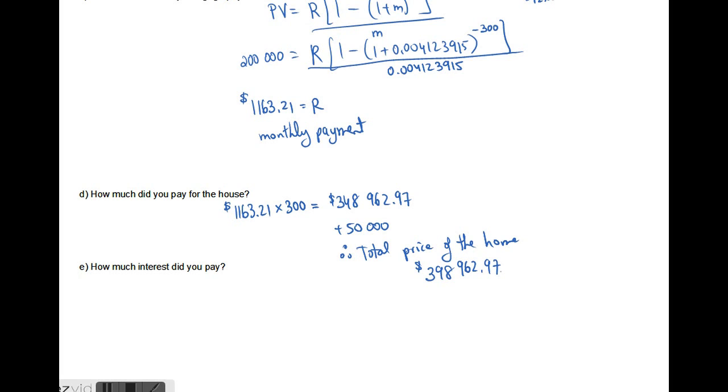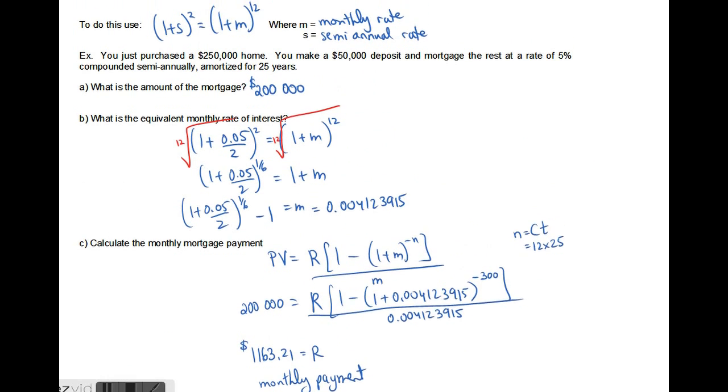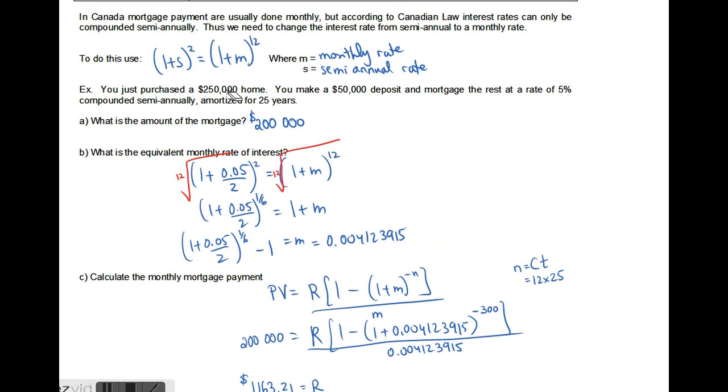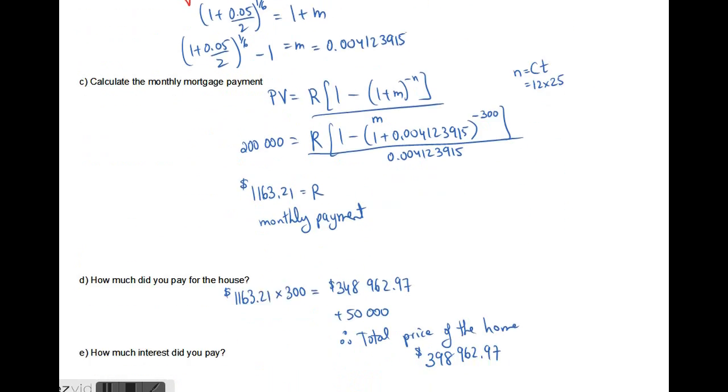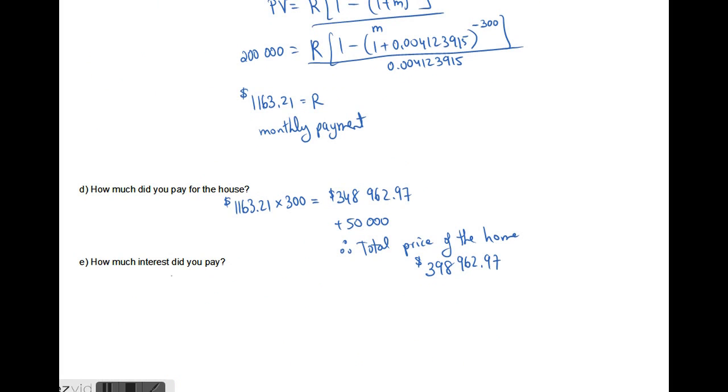As you can see, it's quite a bit more than what we had at the very beginning stated that the house was worth. That's what happens with interest. So how much interest did you end up paying?